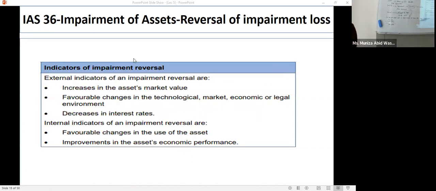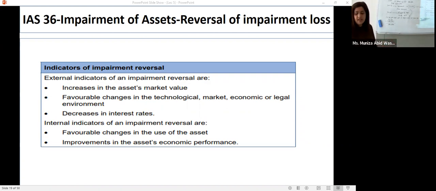Students, here they have written the indicators of the impairment reversal. These are just opposite to the impairment indicators. So when you have to reverse the impairment, it means that the market value of the asset now seems to improve.